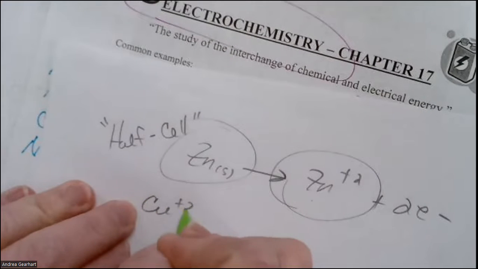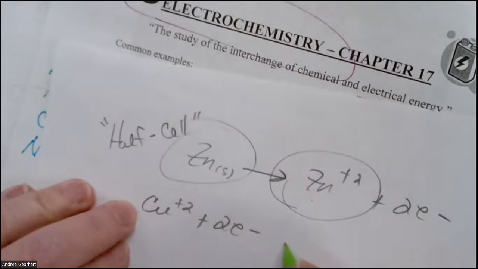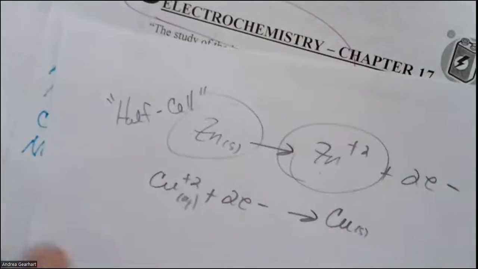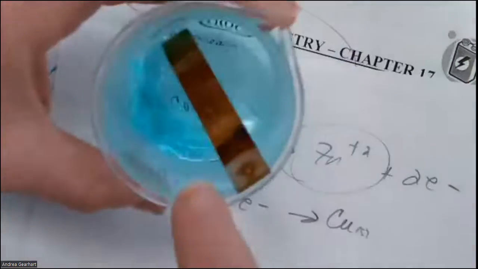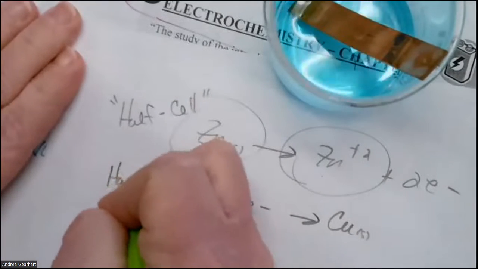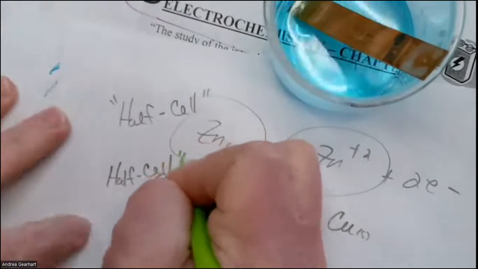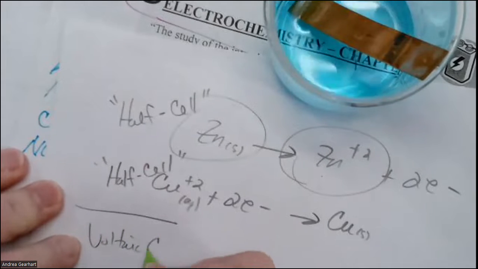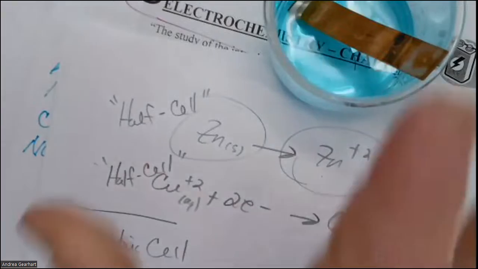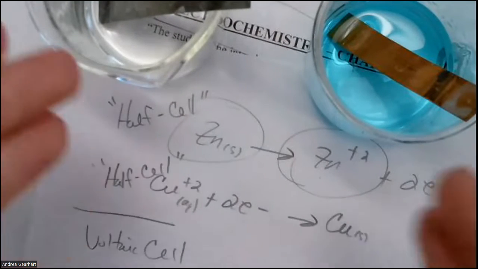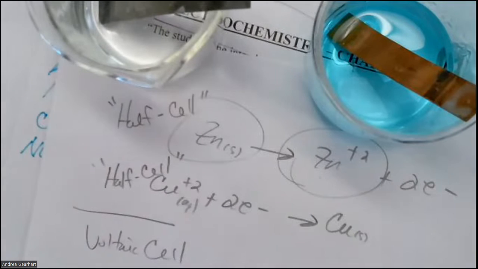And so our reduction was the copper ion accepting those two electrons to form elemental copper. And as long as we have copper ion, the product, then this would have been the other half cell that together make up the voltaic cell. Okay, well, we needed to put these into contact, and we should have a site for electrons to be given to or taken from.